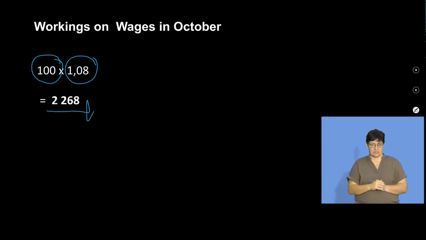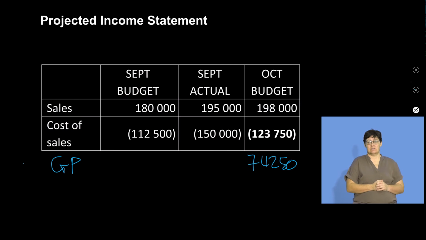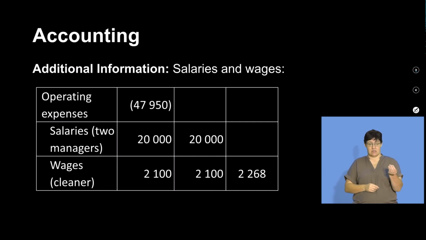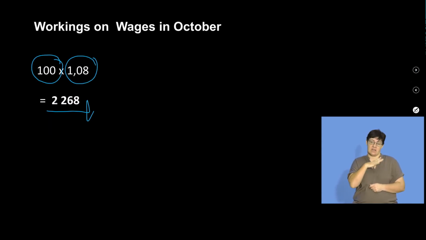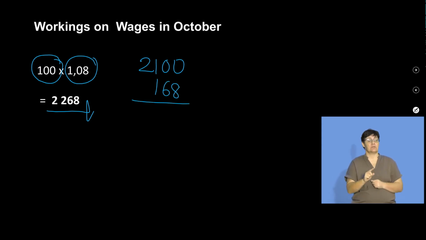The point that I'm trying to illustrate to you here is, take the previous salary, which was 2,100, and we say, fine, the old salary was 2,100 plus the 168, which was the increased amount of 8%, will give you a figure of 2268.